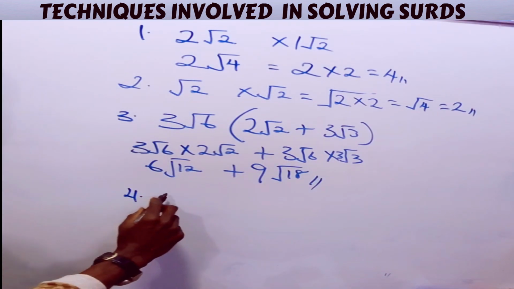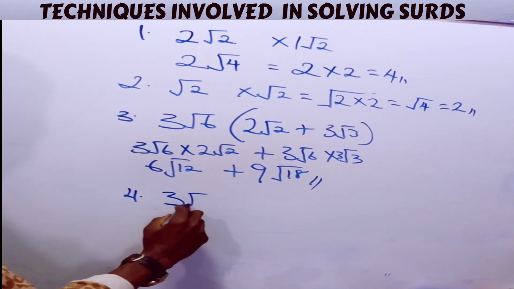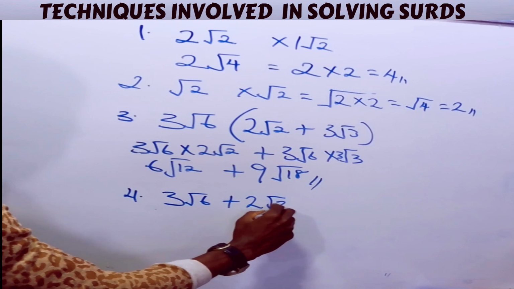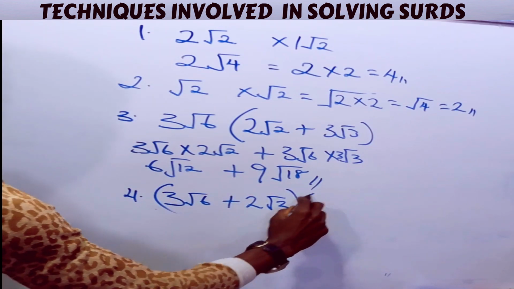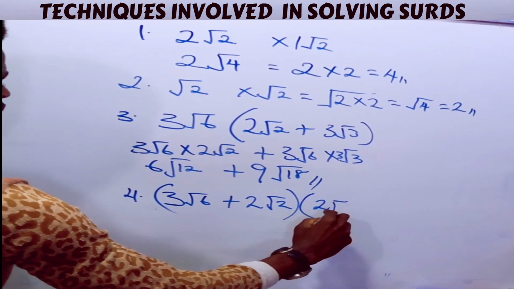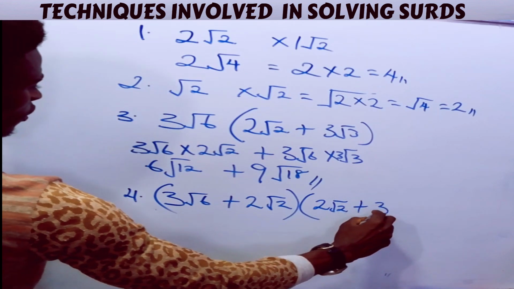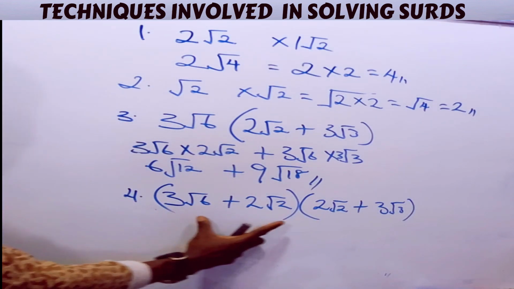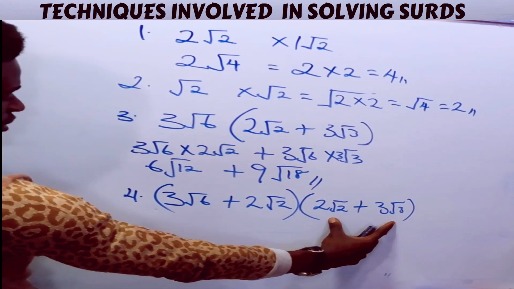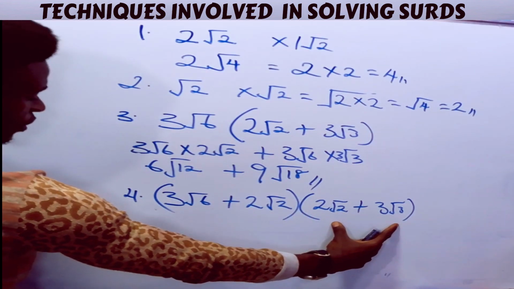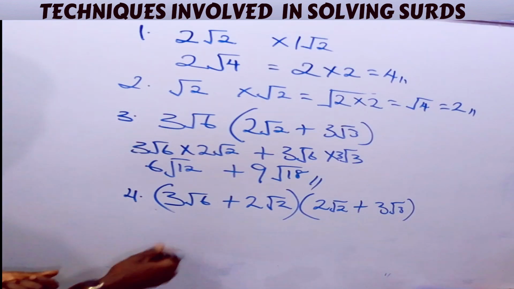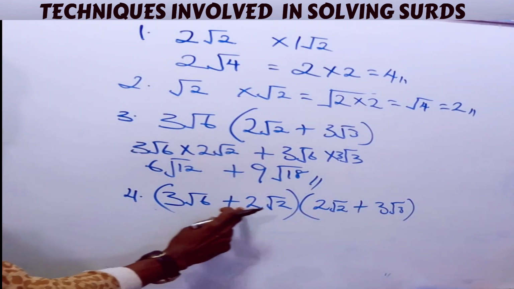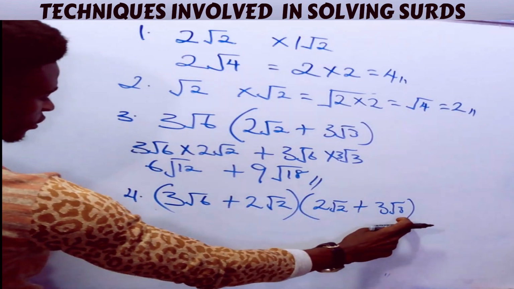Also, if we have 3 root 6 plus 2 root 2, all multiplying 2 root 2 plus 3 root 3. Now here we have two elements multiplying two elements involving surds. So therefore, we pick the first surd to multiply all through. Now plus the second surd multiplying all through.